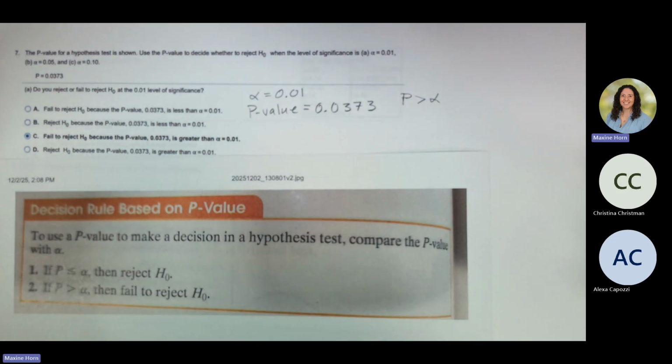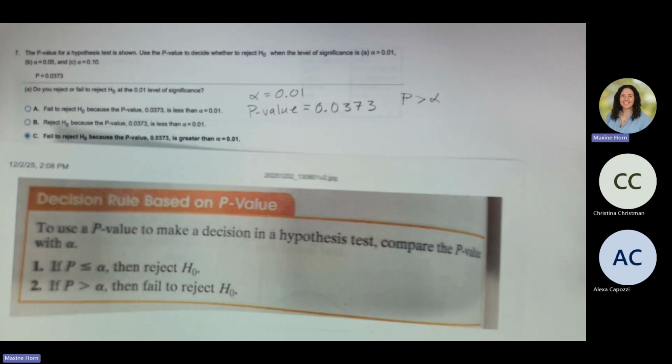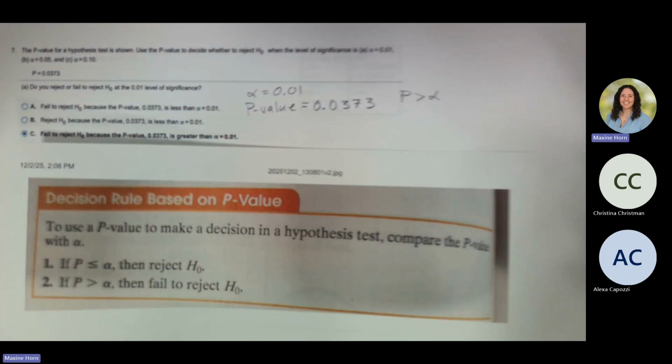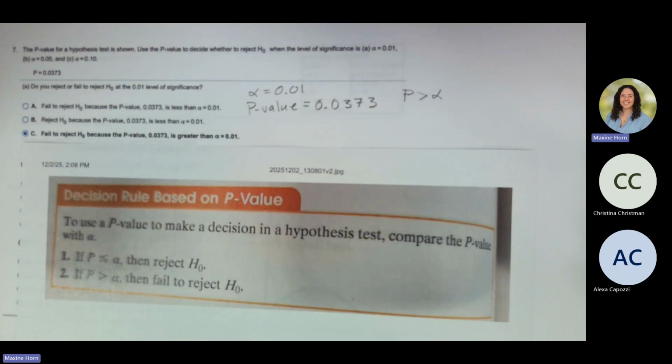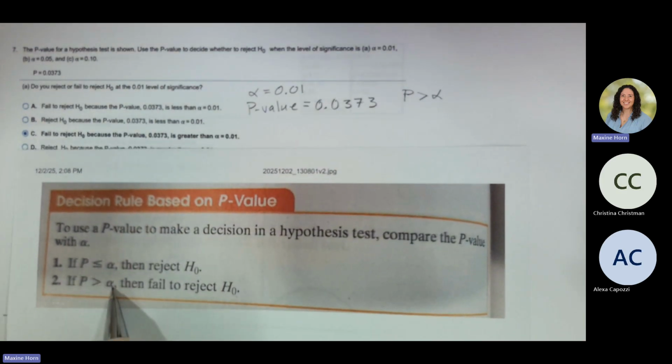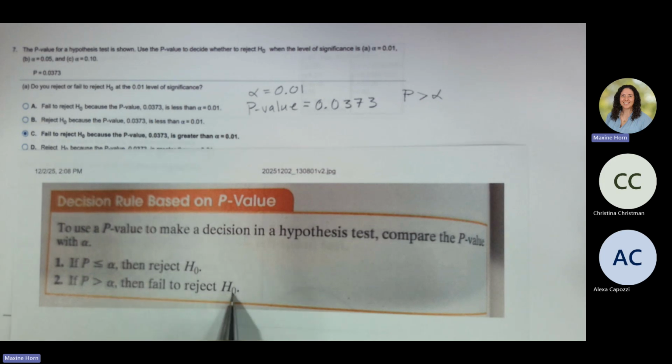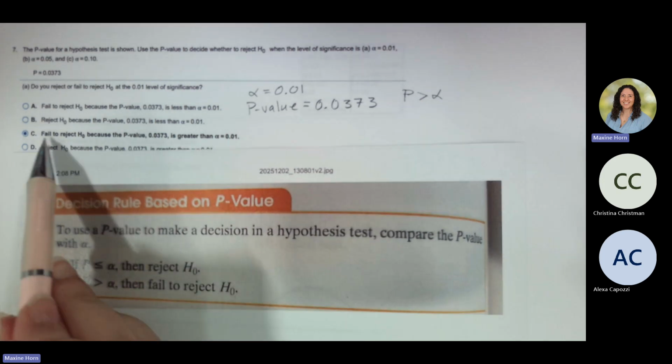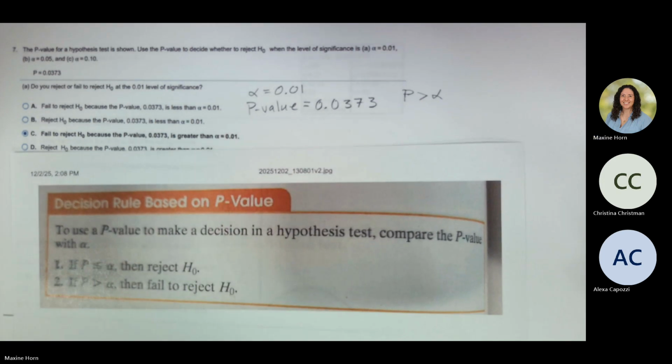If our p-value is greater than alpha, then we fail to reject the null hypothesis. So that's the answer to this first one.